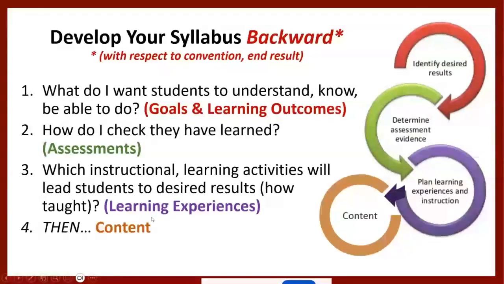And then the content that will help support those learning experiences and your teaching activities, so that they can then achieve the assessments and their learning outcomes. So the backward design is, you don't start with the content, you start with the results that you want. Starting with the end in mind is the idea behind this. And once you know what those results are, work backwards to get to that point.